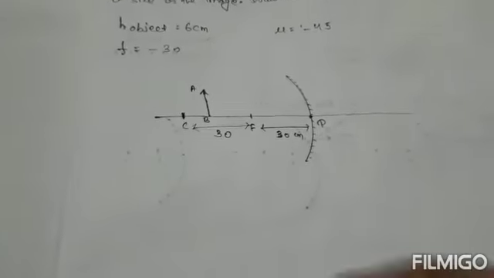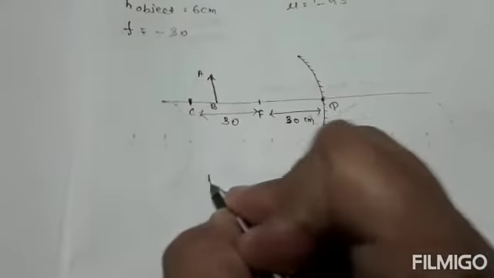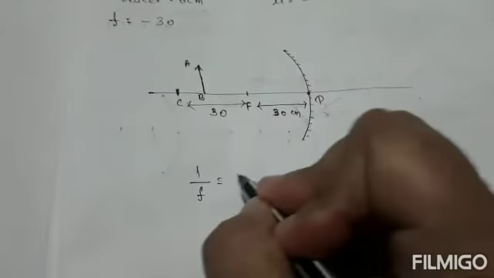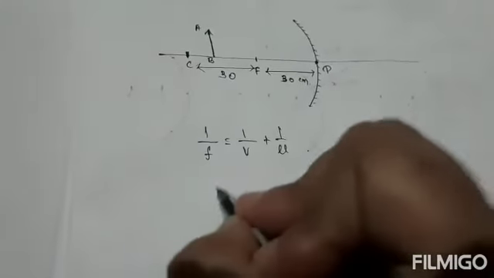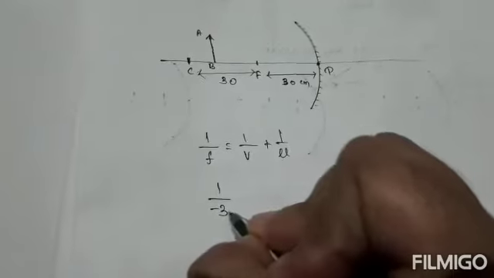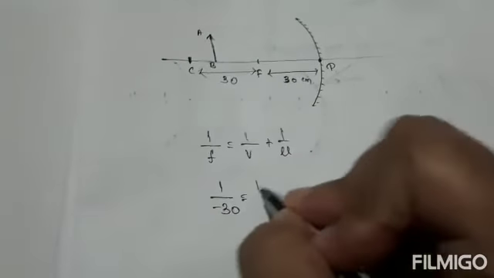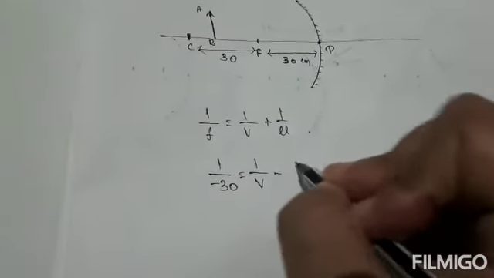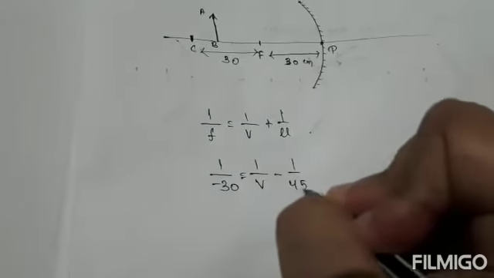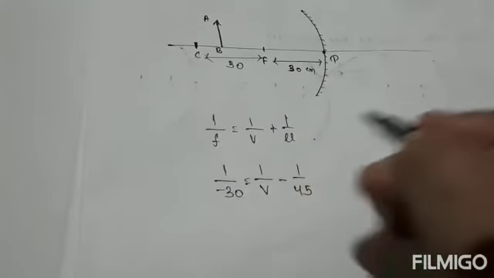Let us write the mirror formula. We know that mirror formula 1 by f equal to 1 by v plus 1 by u, but here f is minus 30. So minus 1 by 30 equal to 1 by v minus 1 by 45, because u is also minus 45.